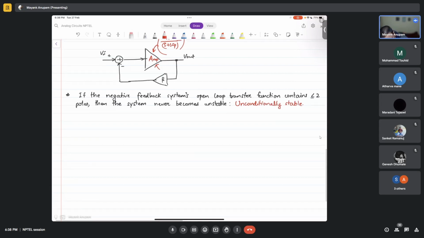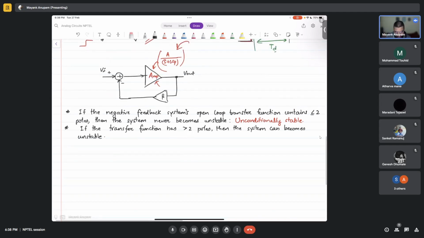Fine. Now, what happens if you have more than two poles? If the open loop transfer function has more than two poles, then the system can become unstable, and that is why it is called marginally stable, right?